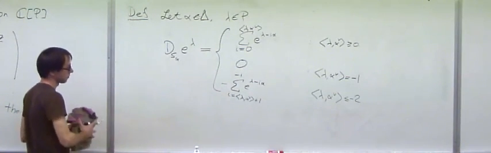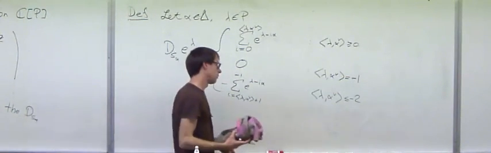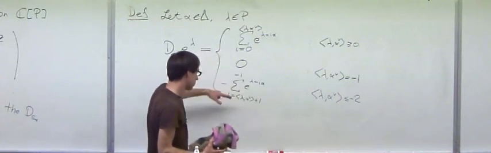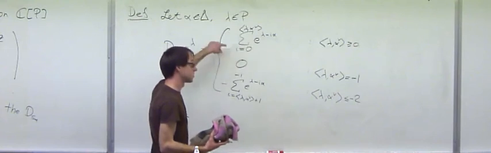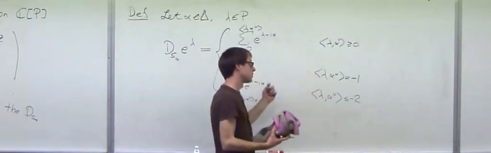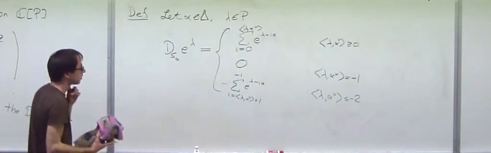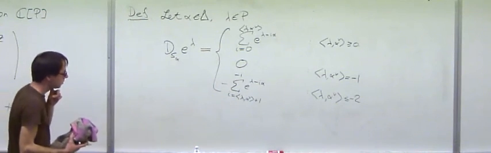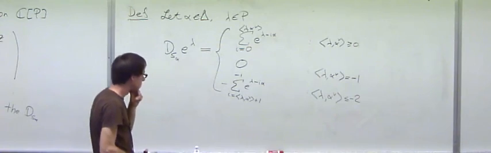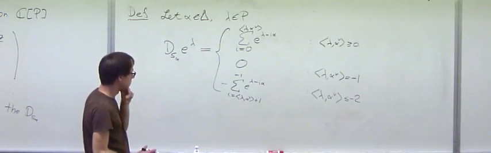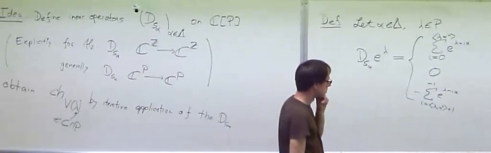So it looks kind of weird, this definition, but if you think about it, this is just the canonical way to define this sum when the upper bound is negative. Why do we want that 0 right there? Why not just say from −1 and lower?